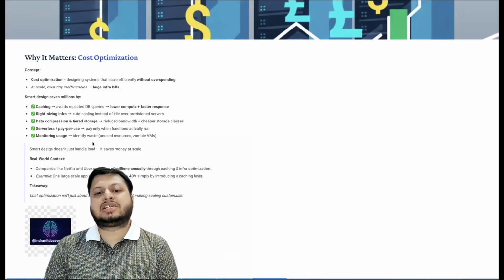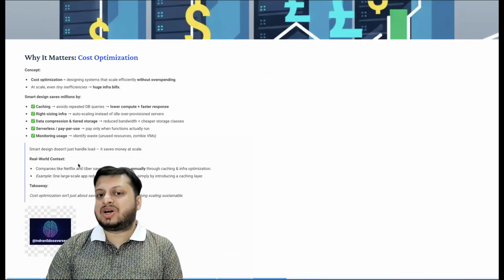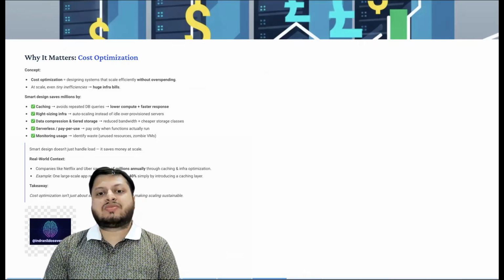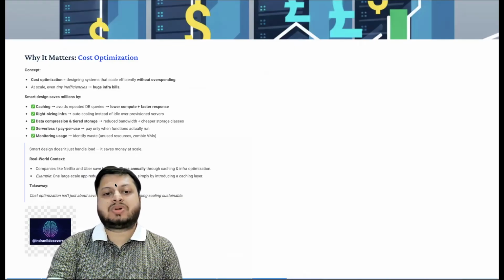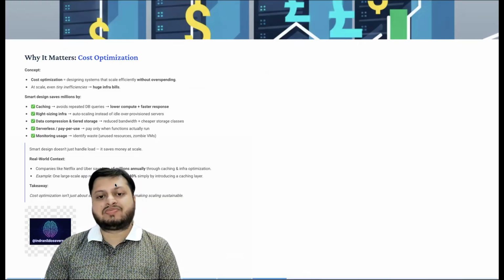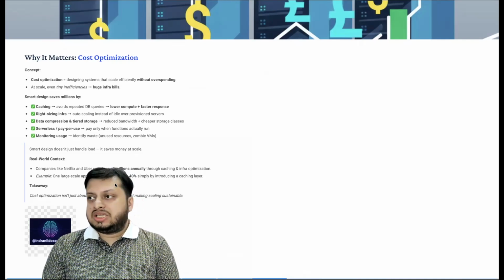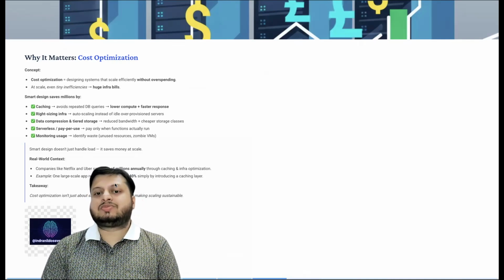These are the very basic ideas. For example, in a real world context, companies like Netflix and Uber save tens of millions annually through caching and infra optimization. Example, one large scale app reduced its infra bill by 40% by introducing a caching layer. So it's not about only saving money, it's making your scaling sustainable.